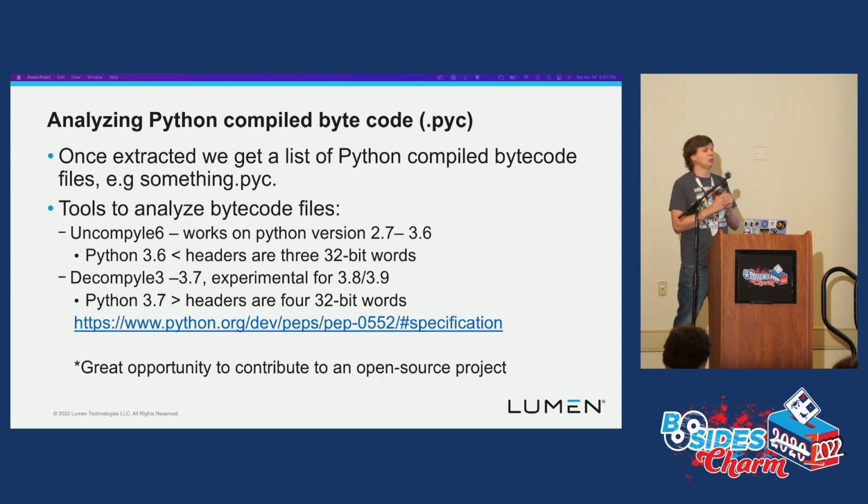The difference is that there's actually a difference in the bytecode headers, so it works better for that one because it's, I think, 3 32-bit words for the older variants and 4 32-bit words for the newer ones. Just one of those little intricacies that took me about a day. So if this can save you a couple hours, then it was well worth it.